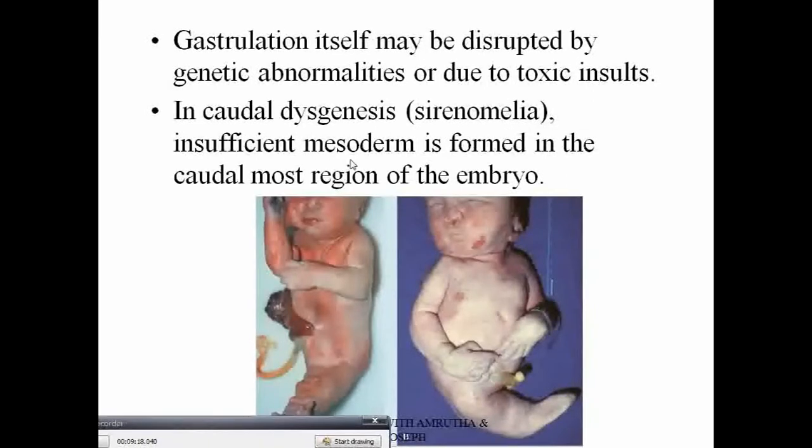In this case insufficient mesoderm is formed in the caudalmost region of the embryo. So in the lower part of the embryo, the mesoderm is not well distributed. This condition is called sirenomelia, where you can see the limbs are fused.